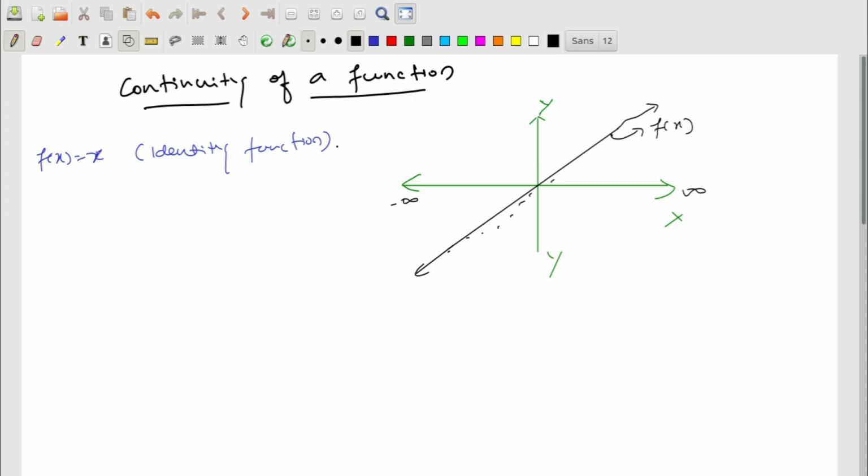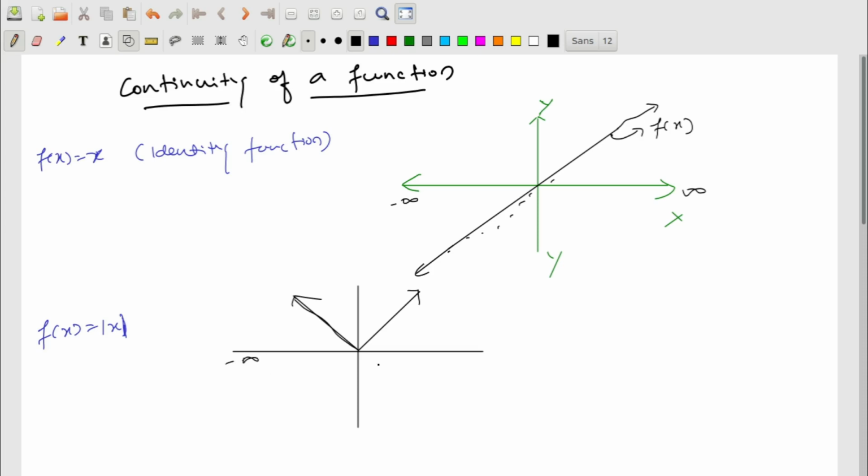If you want, let me take one more. If I take f of x is equal to mod x, right? So now this is our mod function. What is the graphical representation of mod function? The graphical representation will be somewhat similar to this, right? Now again, mod function is a real valued function.